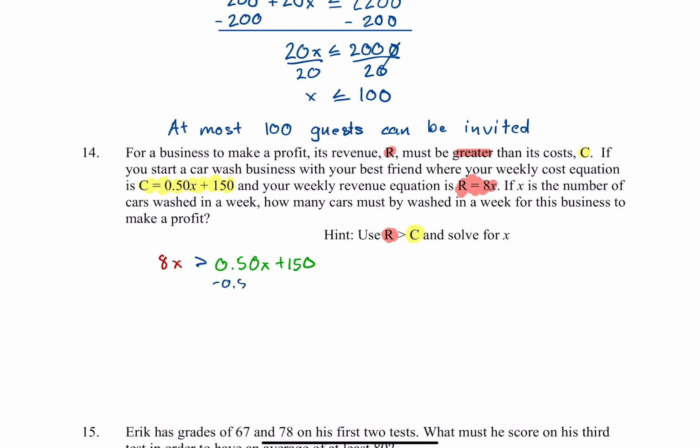We just subtract 0.50x from both sides, so you get 7.5x is greater than 150, and divide both sides by 7.5, and you'd find x is going to be greater than 20. So at least 20 cars need to be washed per week.